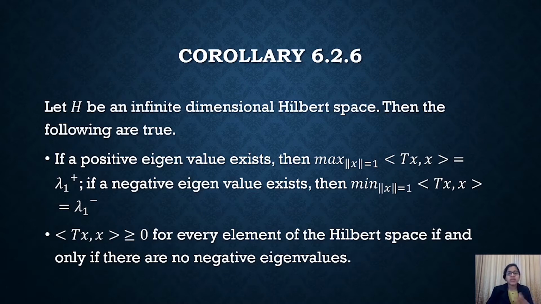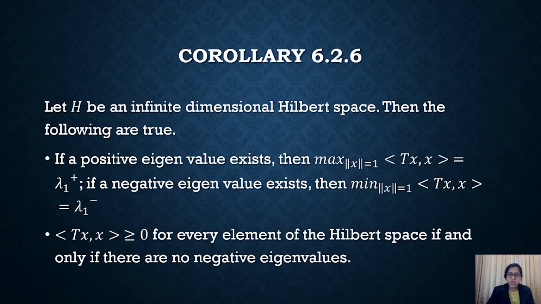Now we know we have expressed the inner product T of x, x as the sum over positive eigenvalues and negative eigenvalues, along with the modulus of the inner product of x and e i, whole square. We had expressed it in that manner in the previous remark. With the help of that expression, we'll be proving the corollary.